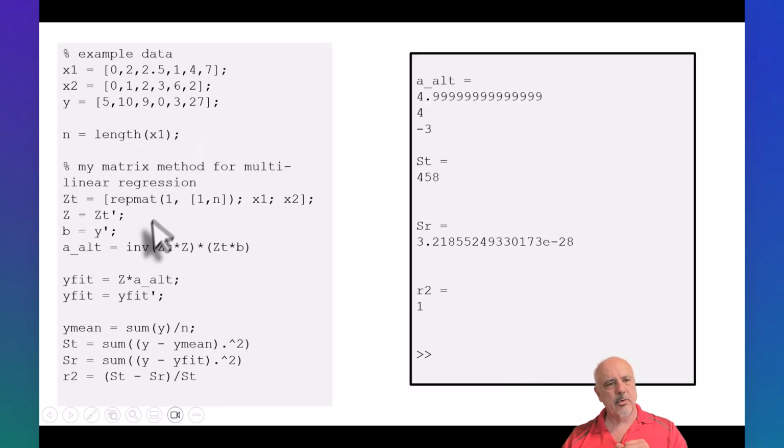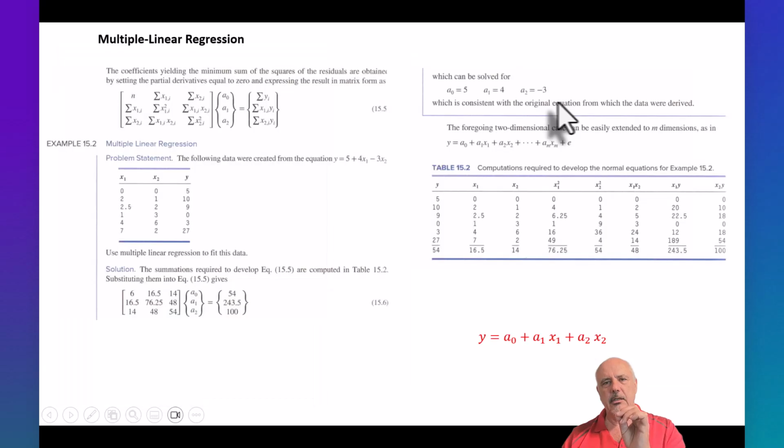Y is coming in as a row vector, so I set myself up for B being a column vector, and then I just do my handy dandy inverse of Z transpose Z times Z transpose times B. And then I can do my fit, and then I can ask, how good was the fit? Looking at the results, I think they were getting 5, 4, -3.